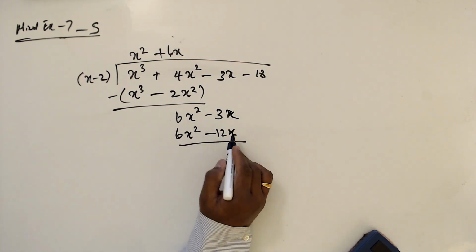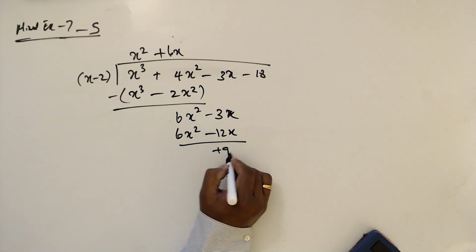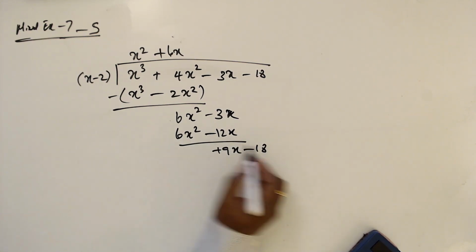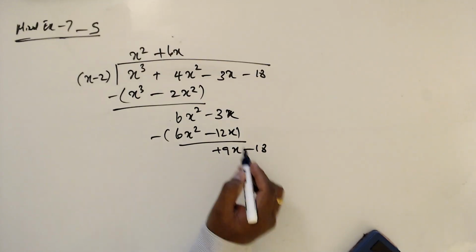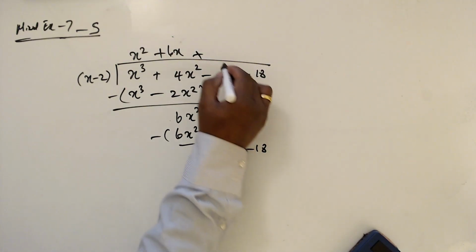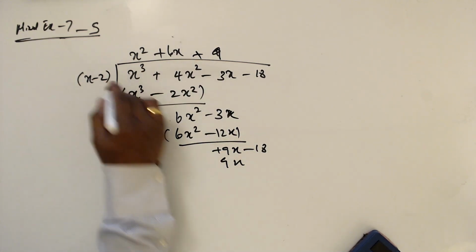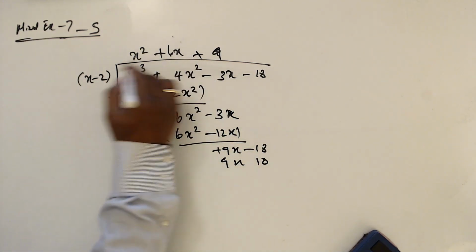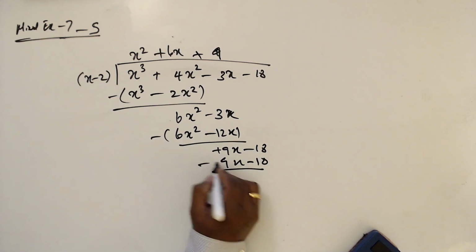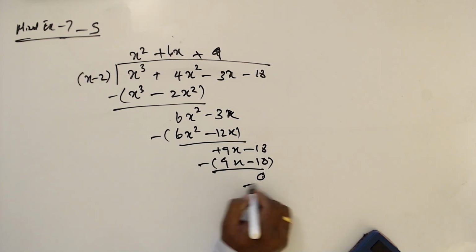And then this is going to be plus 9x minus 18 when you minus. So this is going to be plus 9. 9 times x, 9x. 9 times 2, 18. Plus times minus is minus. And minus these two. This is going to be 0.